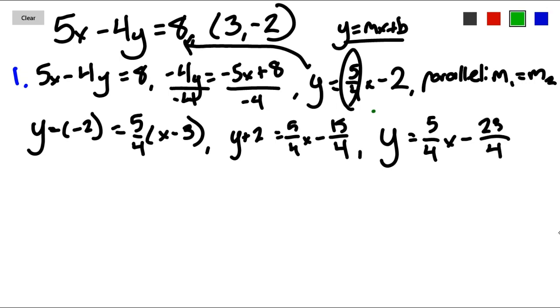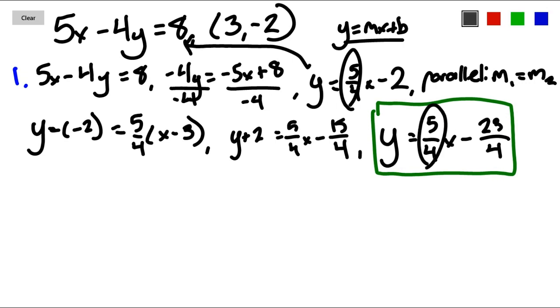And this is going to be our answer. So this is the equation of the line that's parallel to our original line and goes through the point (3, -2). And notice how the slopes here are the same, but they do have different y-intercepts. So if you graph these, they're going to be parallel to each other on the xy plane.